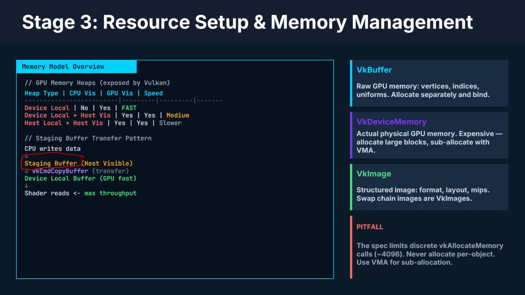So there are certain things that you should look at. When we talk about the resource setup, that means we are talking about buffer management and image management. So what is VK buffer?